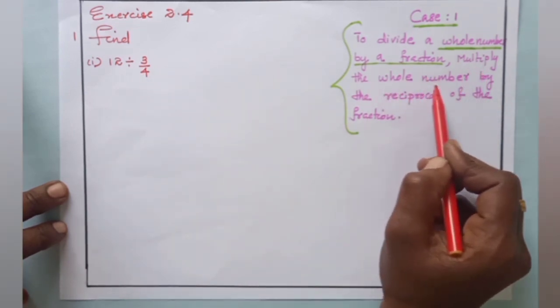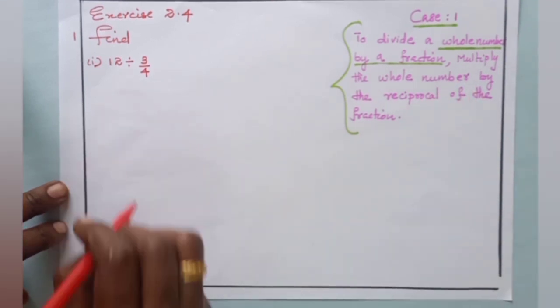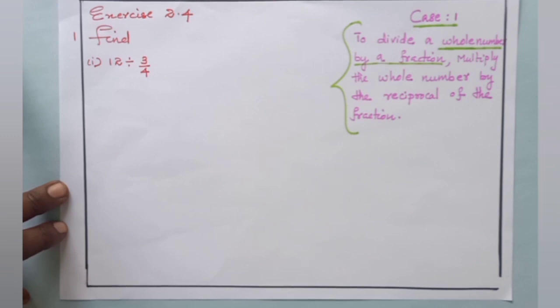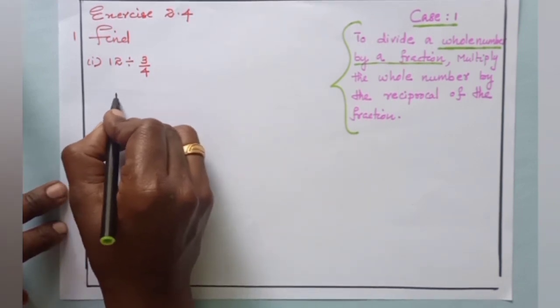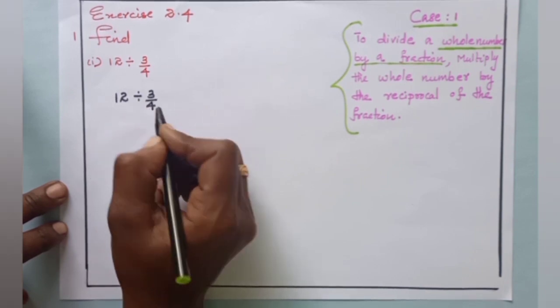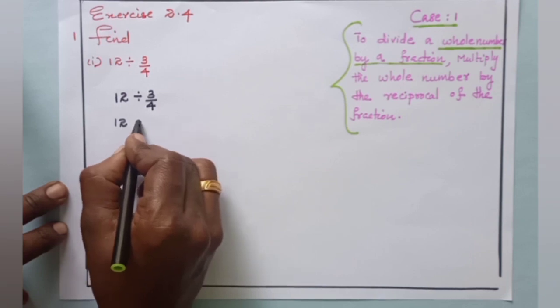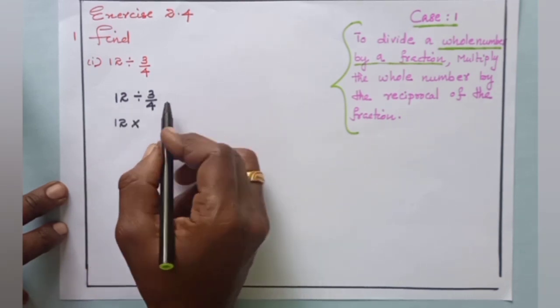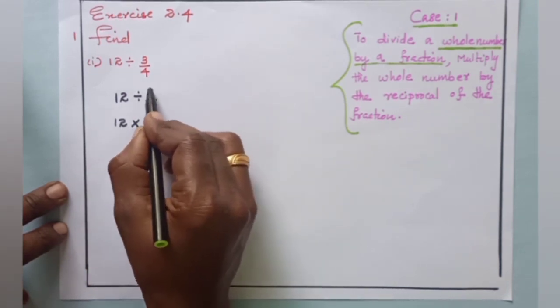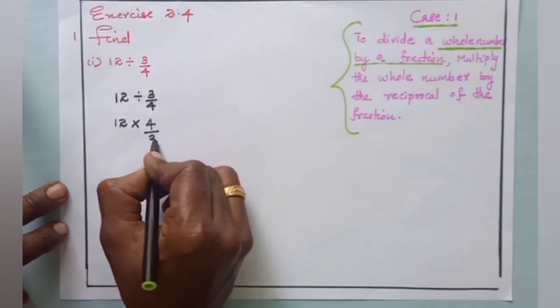Multiply the whole number by the reciprocal of the fraction. So, 12 divided by 3 by 4: multiply the whole number by the reciprocal of the fraction. Reciprocal of 3 by 4 is 4 by 3.